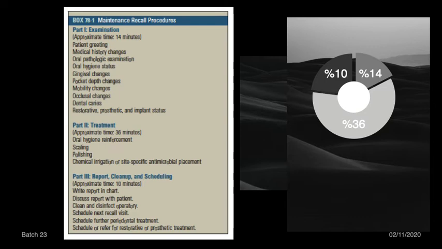Finally, the cleanup and scheduling of the appointment accounts for the final 10 minutes, where you are going to write the report, discuss the report with the patient, and schedule the next recall visit or further treatment, for example surgical therapy, restorative therapy, or prosthetic therapy, whatever is required in the next appointment.